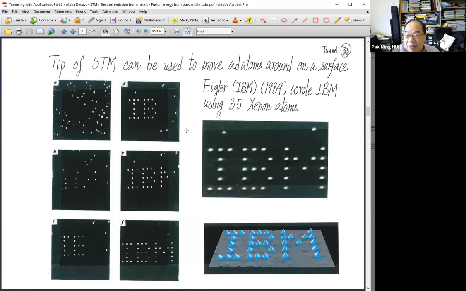Then some accidental discovery followed. People were using this STM tube on the surface to measure the morphology of the surface, but somehow they didn't control it that nicely, and then they started touching the surface.